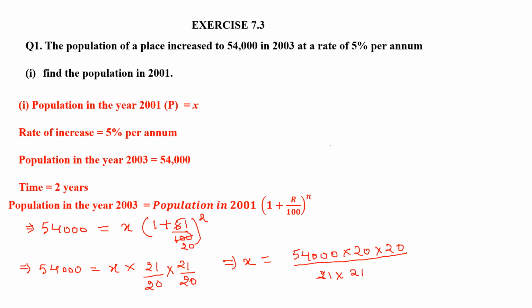And I can use here 3 times 7 is 21, and from here I can write 3 times 18,000, and 3 times 7 again, 3 times 6,000, and if I multiply I am going to get it as 2400 divided by 49.